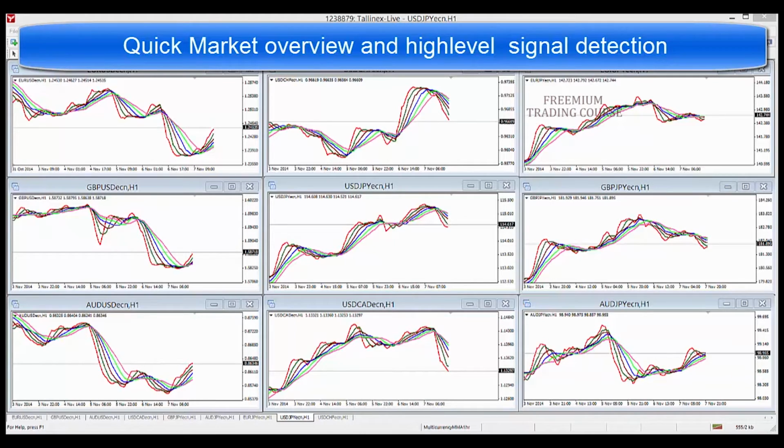There are also specific trading signals that get given by the Magic Multiple Moving Average technique, and those are also obvious in this particular overview, but we'll cover those signals in future lectures. So the first use is to get a very quick overview of the market phases and also to spot trading opportunities at a very high level.